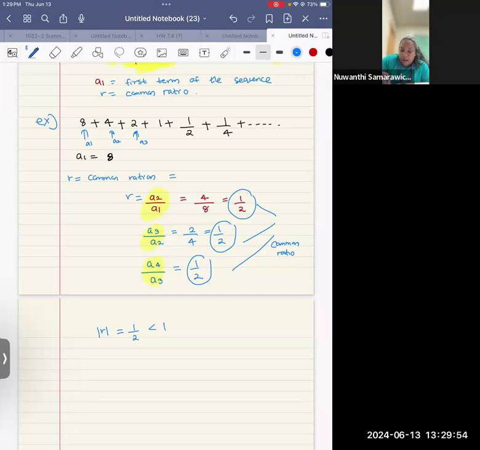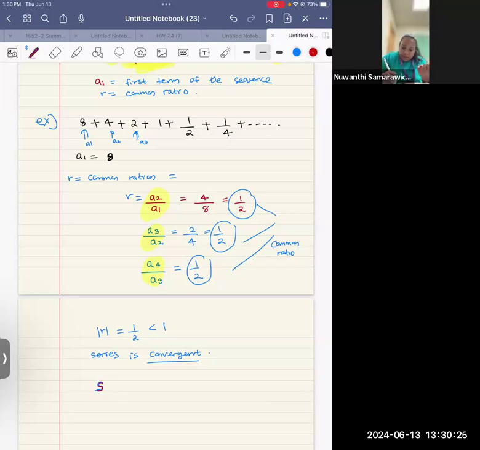Because R is less than 1, we can say the series is convergent. Convergent means when you take the sum, you will get a finite number, not an infinite number. So then what is the sum?